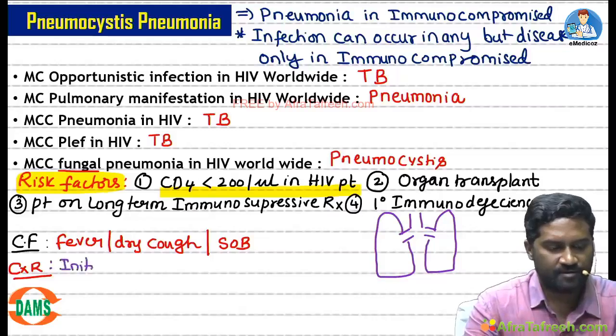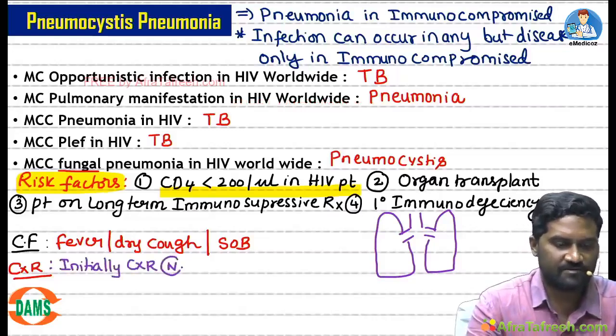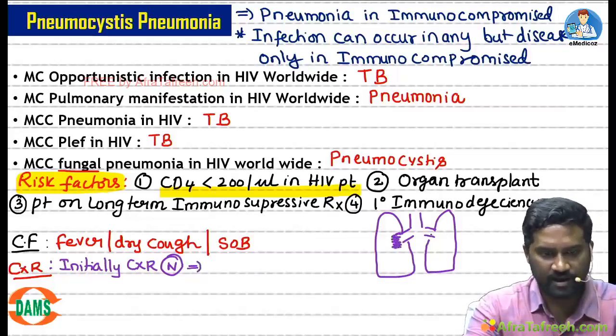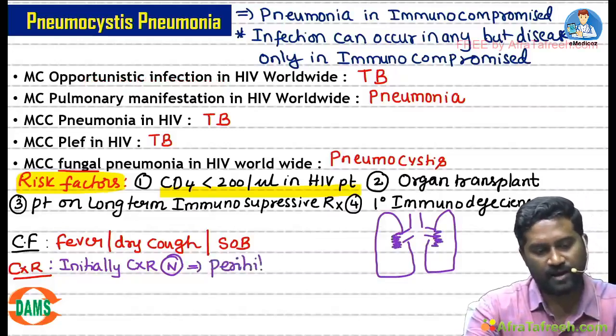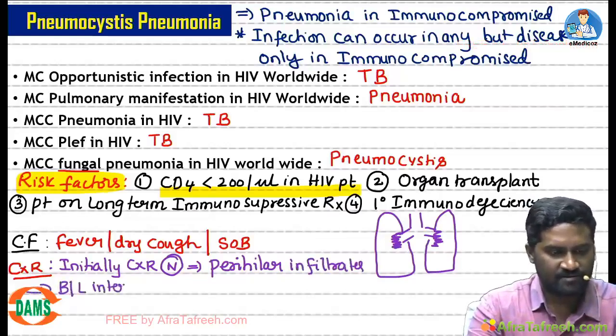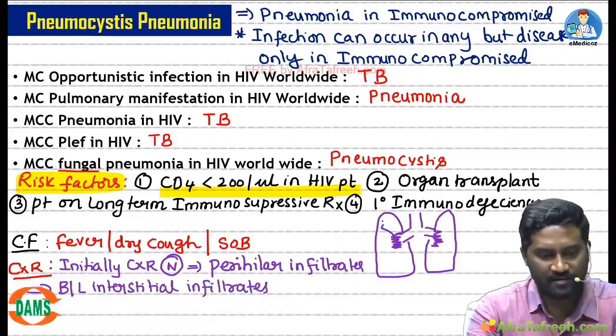The patient will be having fever, the patient will be having Pneumocystis disease, but the chest X-ray will be normal. Later one can notice perihilar infiltrates. These perihilar infiltrates can progress to a more diffuse form, bilateral interstitial infiltrates.